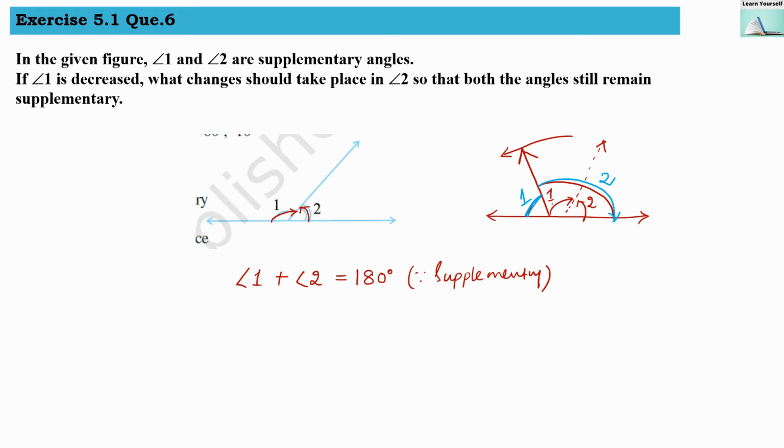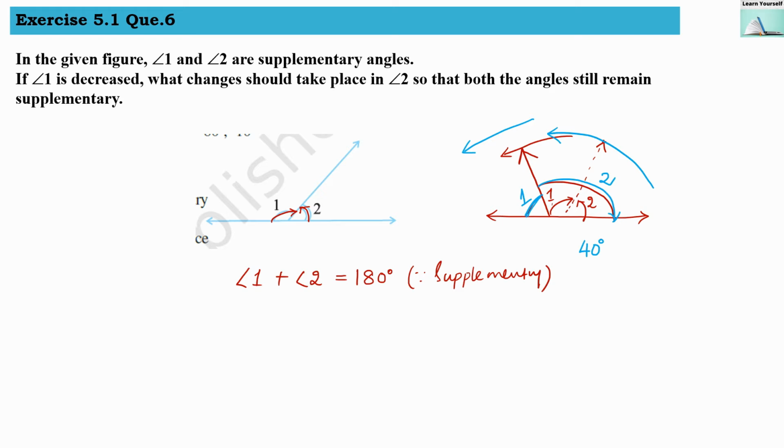So if angle 1 is decreased by 40 degrees, then angle 2 will increase by 40 degrees. However much angle 1 goes towards this side, that much angle 2 will increase. So they both will remain supplementary after that.